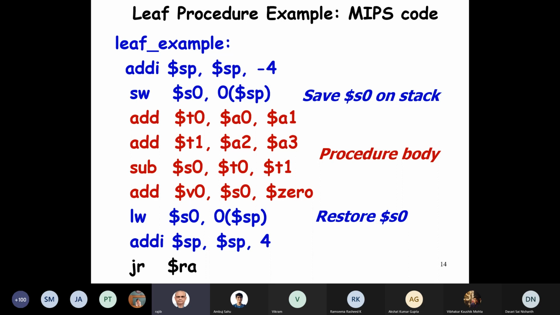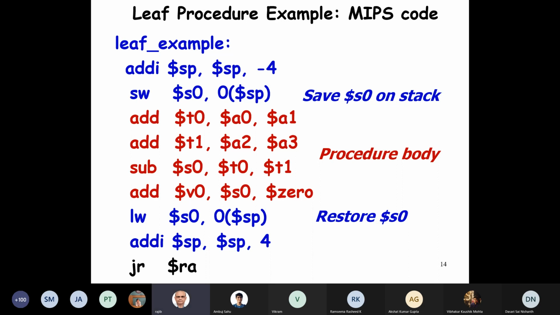We create a place on the stack by adding -4, add immediate -4. And then we store whatever was there in S0 into the stack. And then we have the procedure body here.